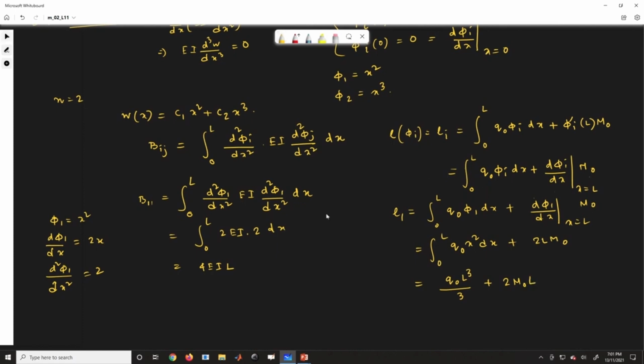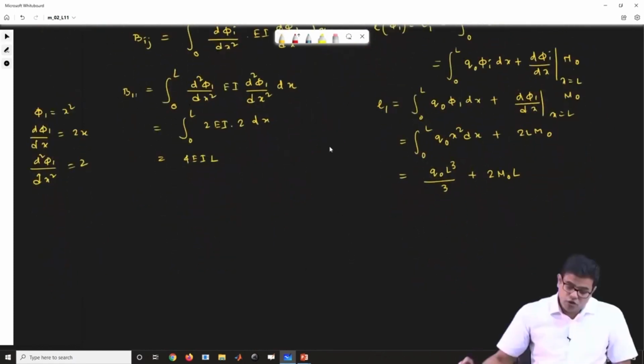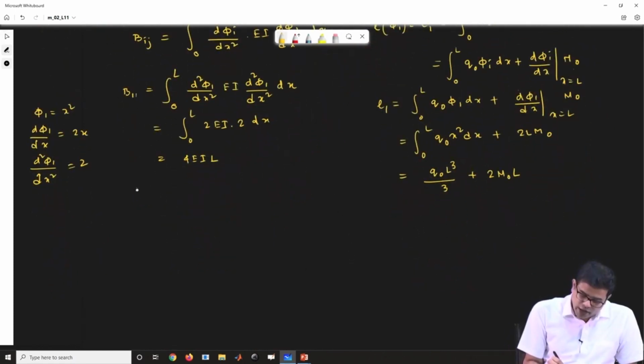So similarly I can find out B22, and B12 I can find out. So B12 seems to be 6L square EI, and B22 seems to be 12L cube EI.